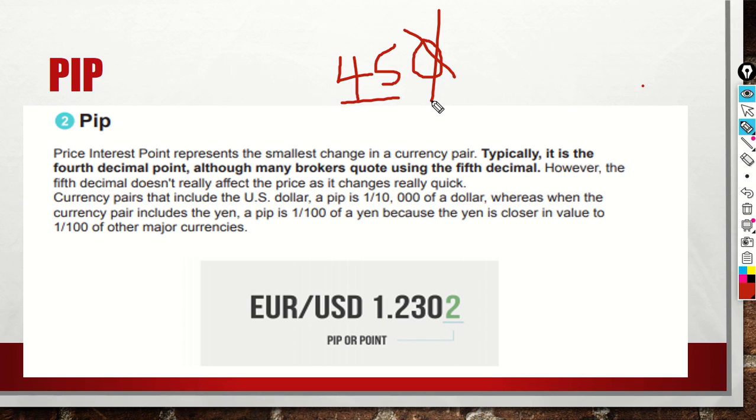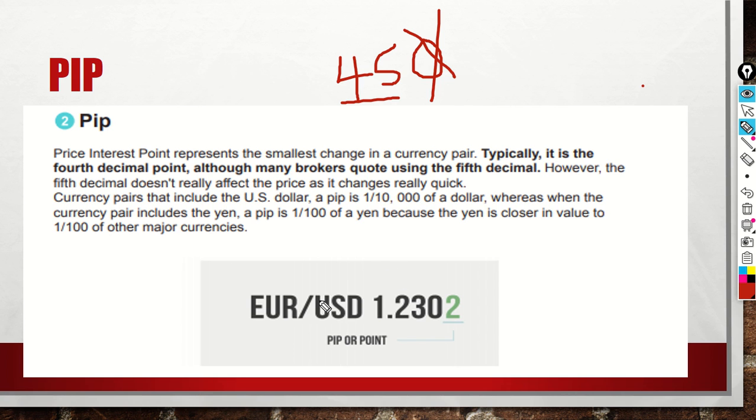So almost a yen is almost 1:100. 1 USD is something like 140 yen, 120 yen. We are above the 100 mark. That's why you will see when you have a yen pair in your platform, it will only have 2 or 3 digits after the comma.